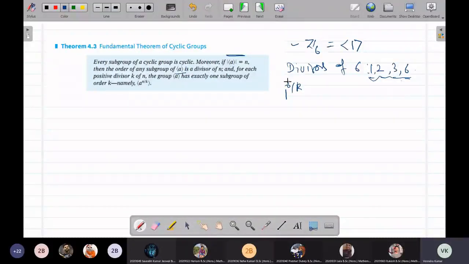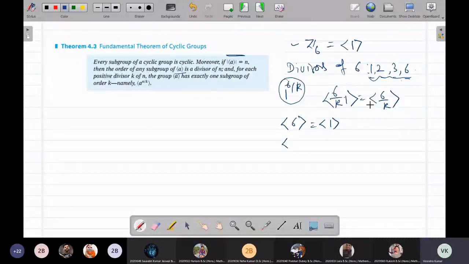Now let us replace k by each of them. For k equal to 6, we get 6 times 1, which is 0. Then 6 divided by 2 gives 3, and 6 divided by 3 gives 2, and 6 divided by 6 gives 1.